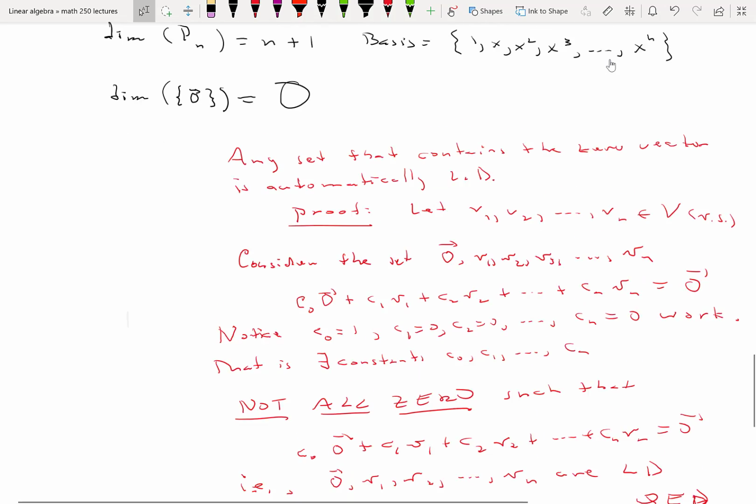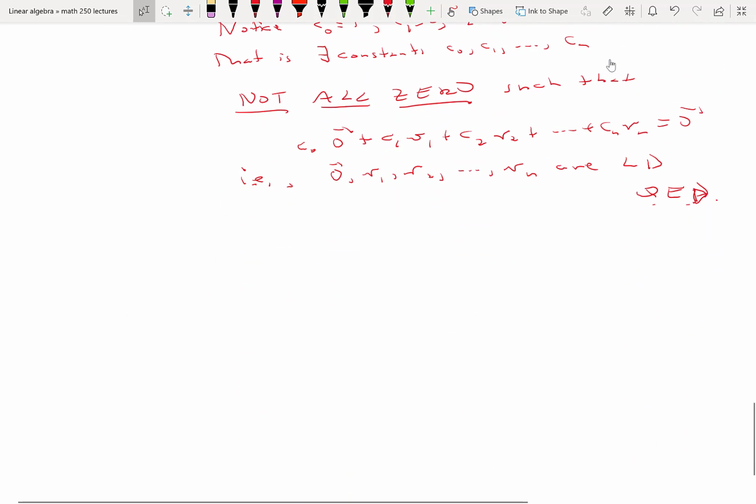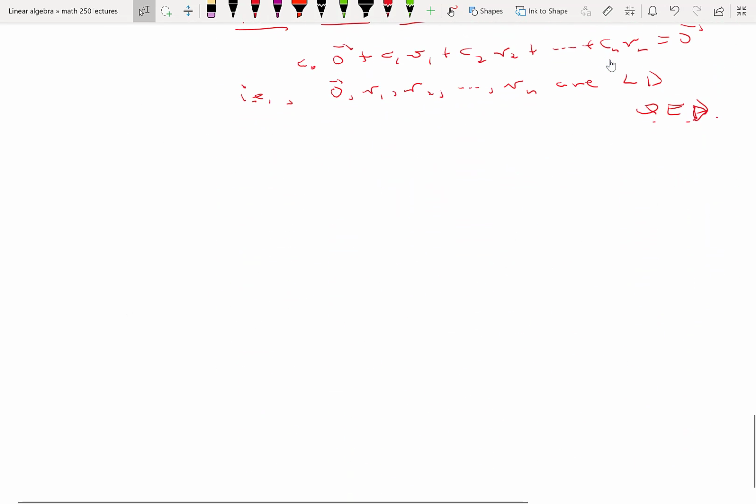Okay, let's take a look at another example here. Let's take a look at identifying the dimension of P, the set of all polynomials. Not of degree less than or equal to n, but the set of all polynomials. Includes third degree polynomials, 500th degree polynomials, 1,000,000th degree polynomials.